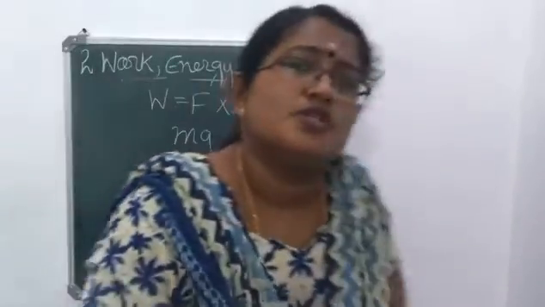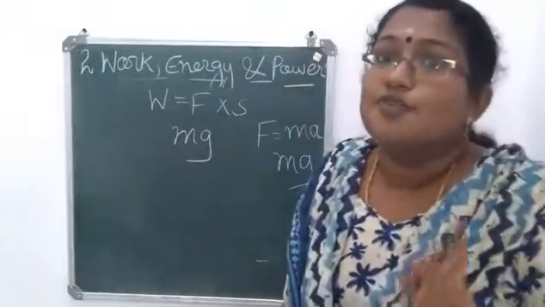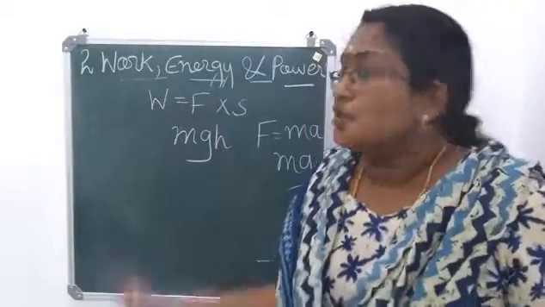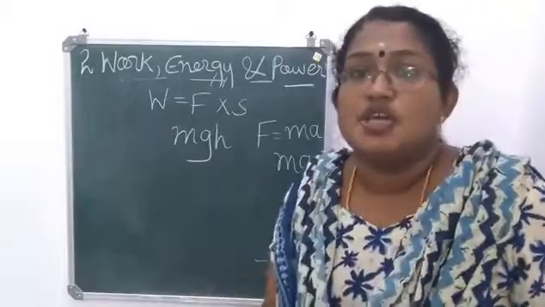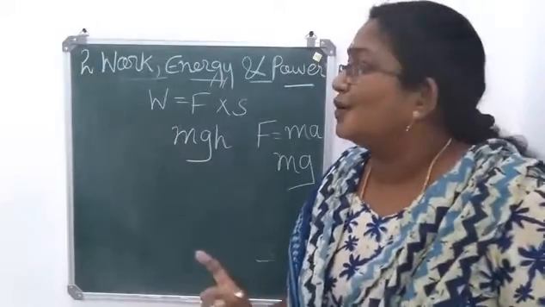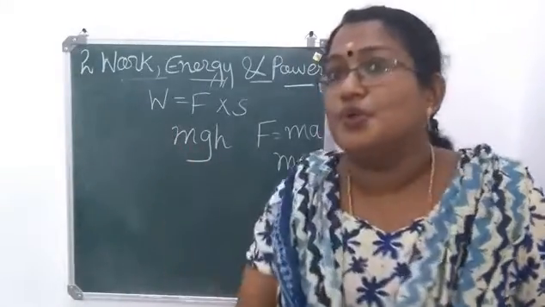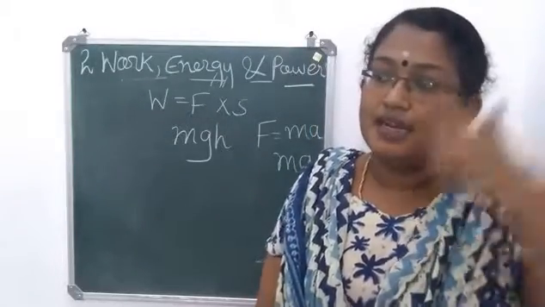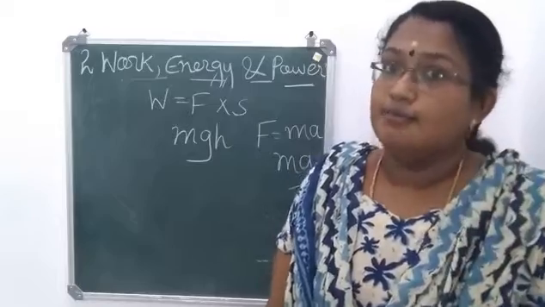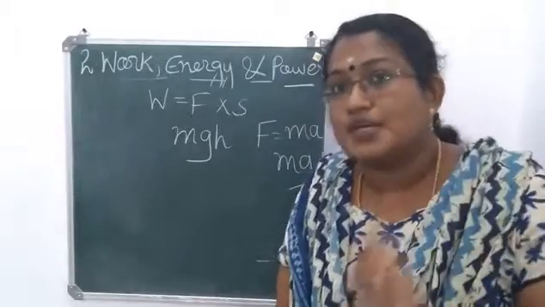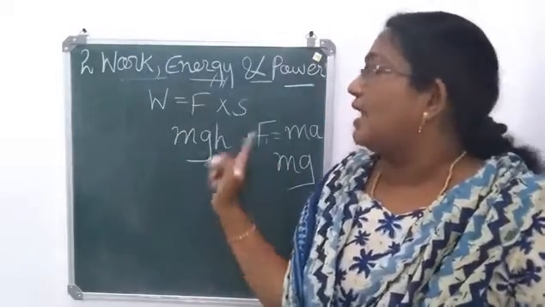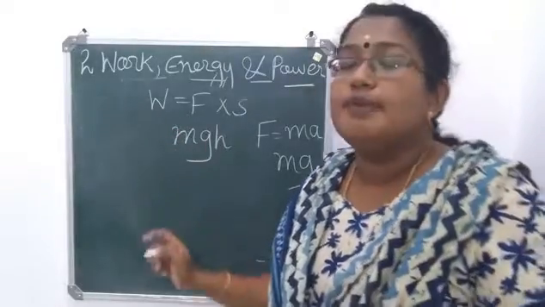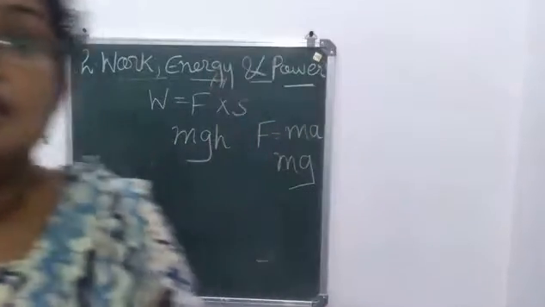Which letter is used for vertical motion? For vertical motion, we will be using the letter h, isn't it? So, mgh is the equation to calculate work done due to gravity. Okay. So, work is force into displacement. In the case of vertical motion, that is force due to gravity, F will be mg and the displacement will be the height. So, W will be equal to mgh.